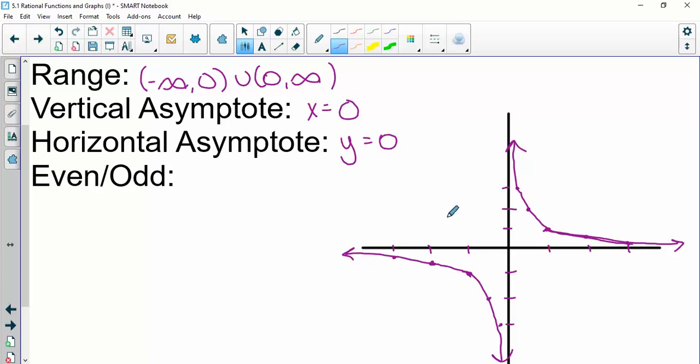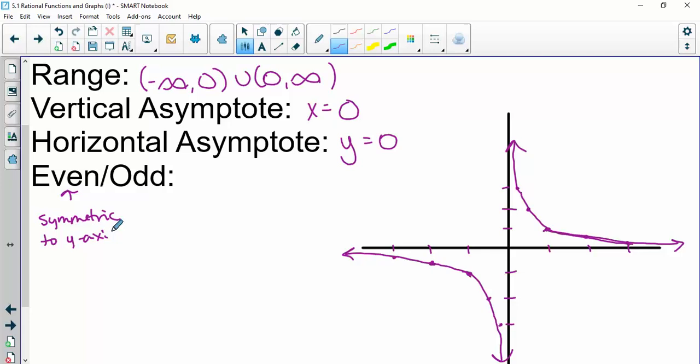All right, last question. This is bringing back something we haven't talked about in a couple chapters. Even or odd functions. Remember, even is the same thing as symmetric to the y-axis.